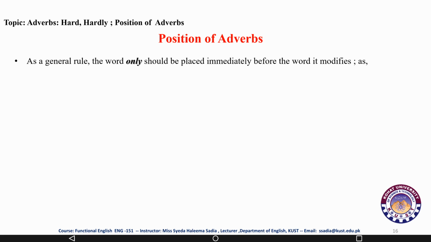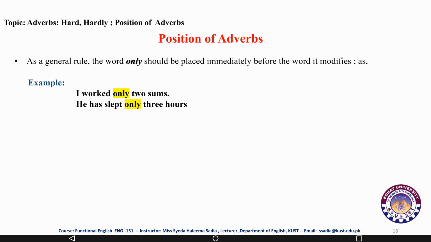Then, as a general rule, the word only should be placed immediately before the word it modifies, for example, I worked only 2 sums. He has slept only 3 hours.